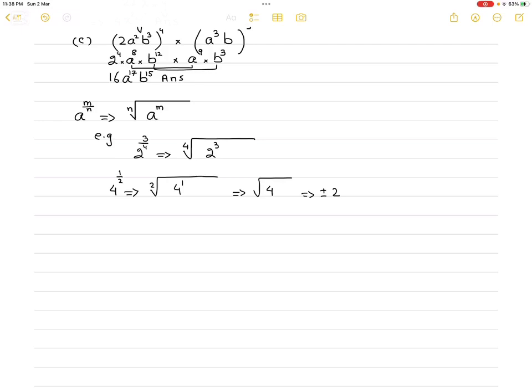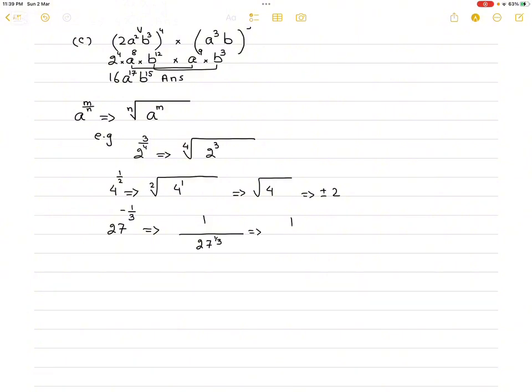Let us do one more example. Suppose I write 27 power minus 1 over 3. So the radical form would be, before converting it into radical form, let me convert the negative power into positive. So I will write 1 over 27 power 1 over 3.